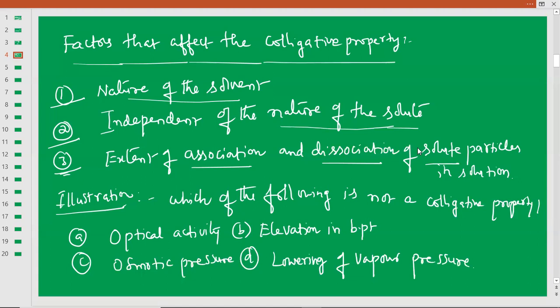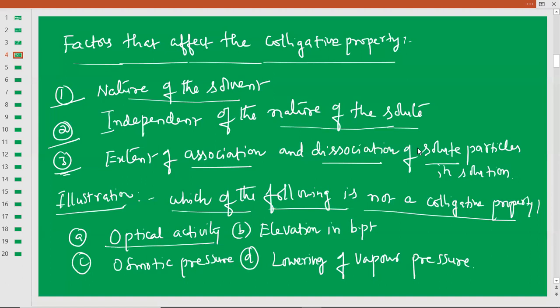Here the question is which of the following is not a colligative property. Optical activity, elevation in boiling point, osmotic pressure and lowering of vapor pressure are given. But optical activity we cannot say is a colligative property, because for solutions containing non-volatile solutes, Raoult's law states that at a given temperature, the vapor pressure of a solution containing non-volatile solute is directly proportional to the mole fraction of solvent.